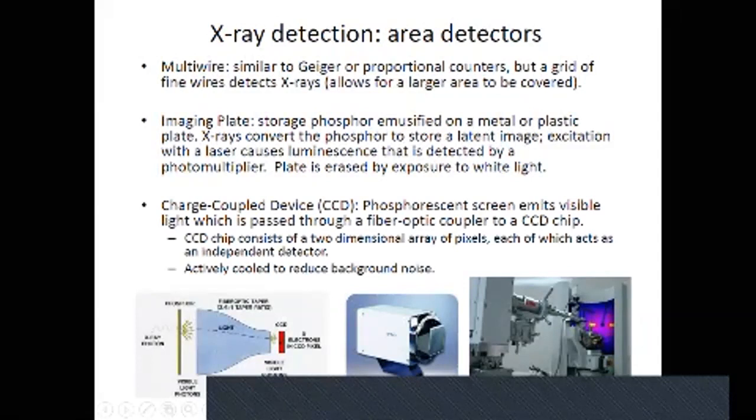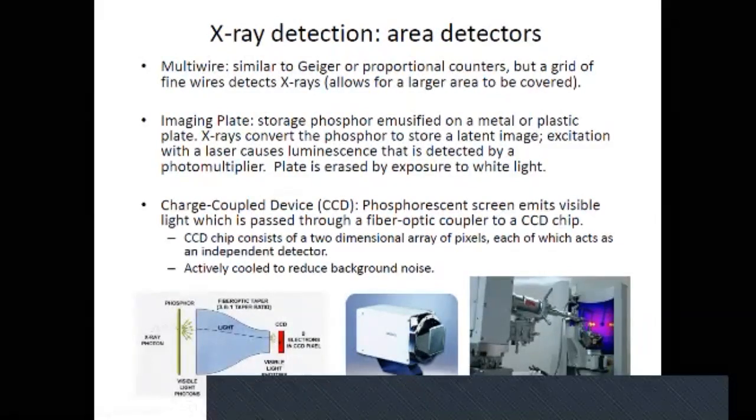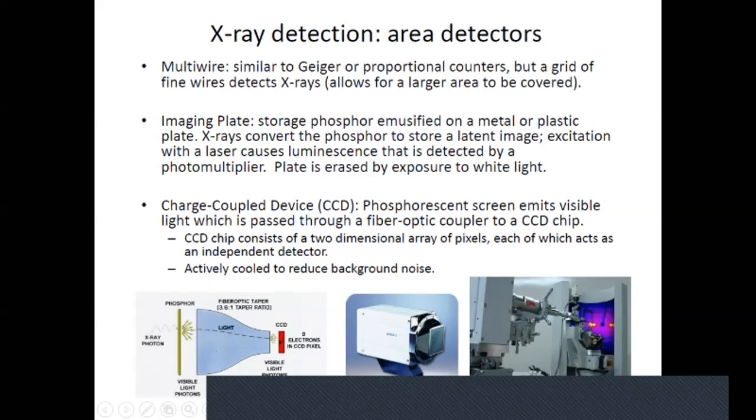Now these have to be cooled, and due to the fact that you're converting X-rays into visible light, it doesn't have the best sensitivity, because you got to convert from one to the other. Nowadays, they have detectors that directly count the X-ray. So when the X-ray strikes the surface, it's read directly into, I guess you could call it, a CCD-like system.